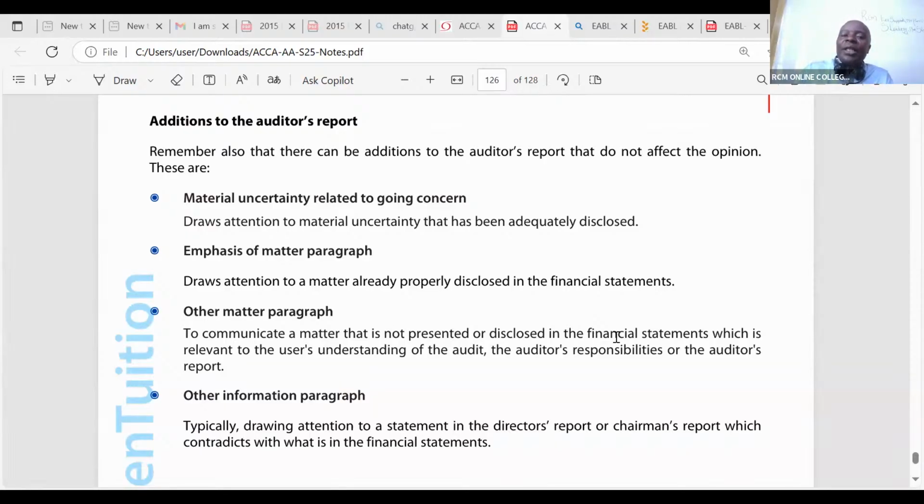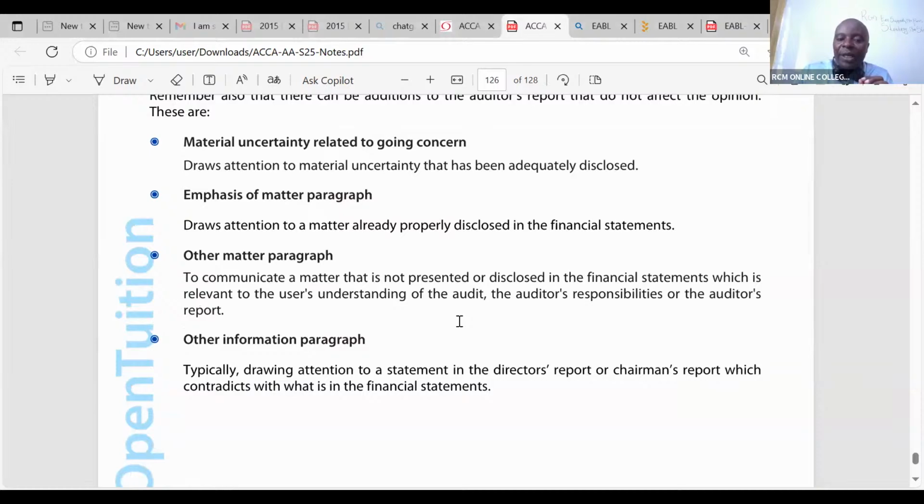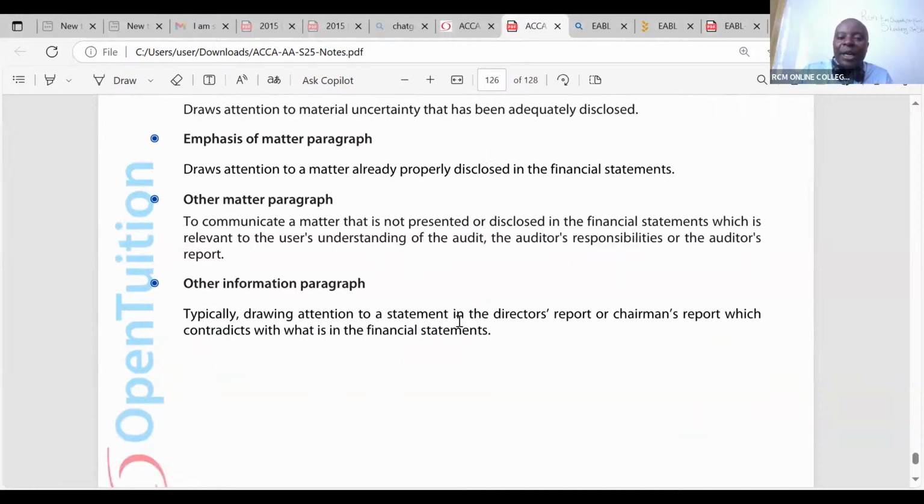We normally use the other matter paragraph to capture those inconsistencies in management comments. Then we have the other information paragraph, typically drawing attention to a statement in the director's report or chairman's report, which contradicts what is in the financial statements.